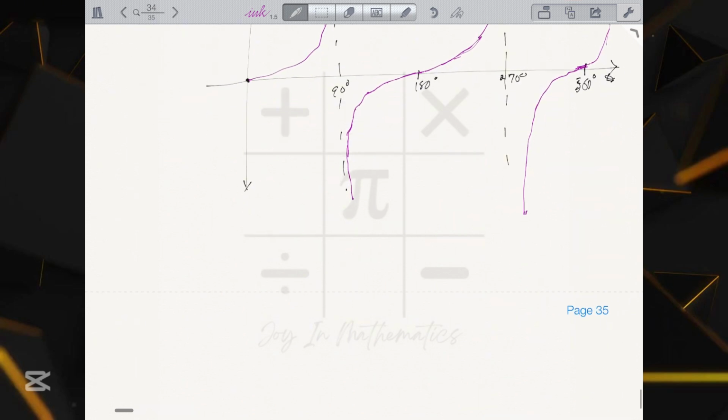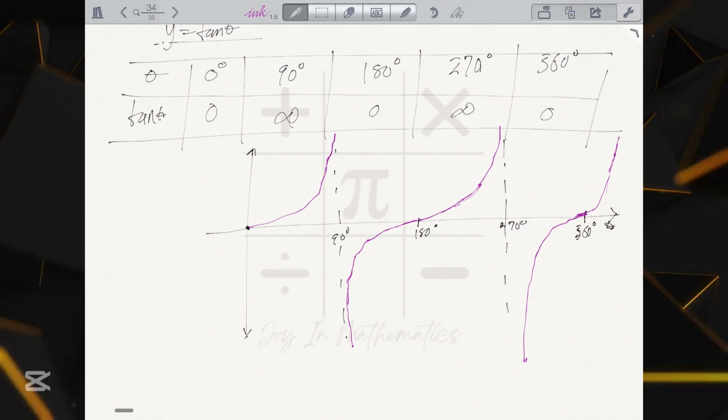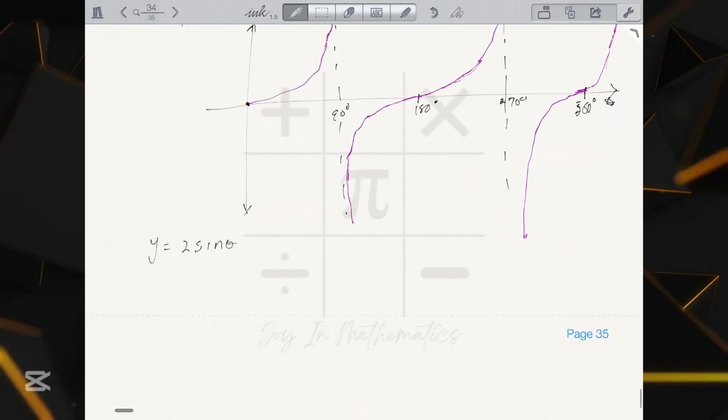So now we have an understanding of the graphs of trig, and we can apply this in the future when we are asked to draw the graph of a trigonometric function. Let's say we are asked to draw the graph of y equals 2 sine theta, or the graph of y equals 2 cos theta, maybe plus 3.